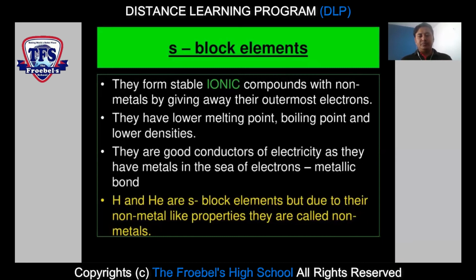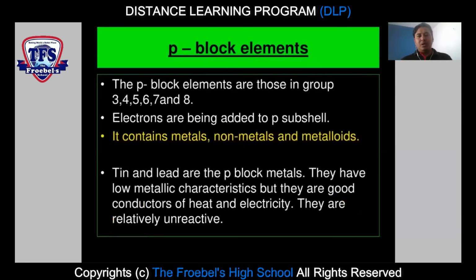Now, P block elements include, as I told you, group 13 till group number 18, and electrons are being added to the P subshell, which includes metals, non-metals, and metalloids. The metals have low metallic character, but they are good conductors of electricity.